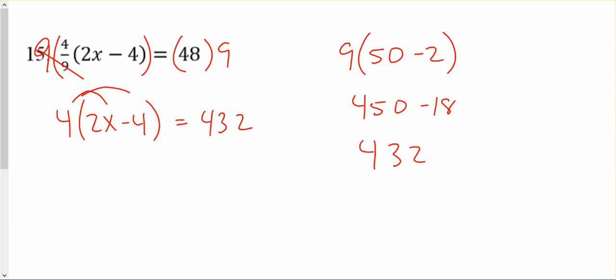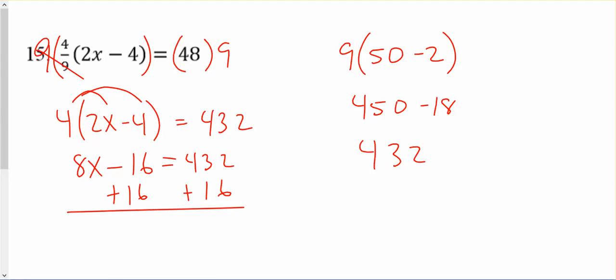We can distribute here. We'll get 8x minus 16 equals 432. We can add 16 and add 16, and we'll get 8x equals 448.